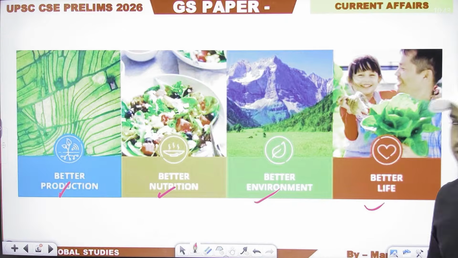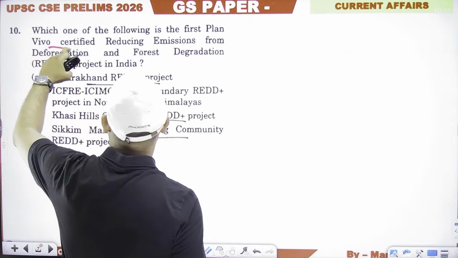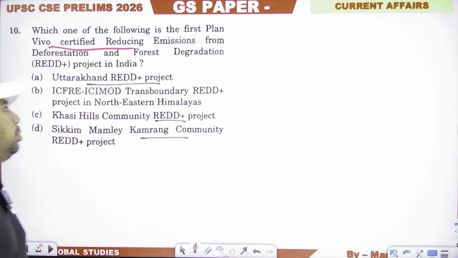Now we are moving towards the next question. Next question is, which one of the following is the first Plan Vivo certified reducing emission from deforestation and forest degradation project in India? They are asking about the first Plan Vivo project.